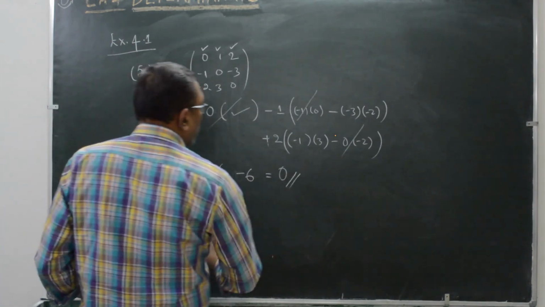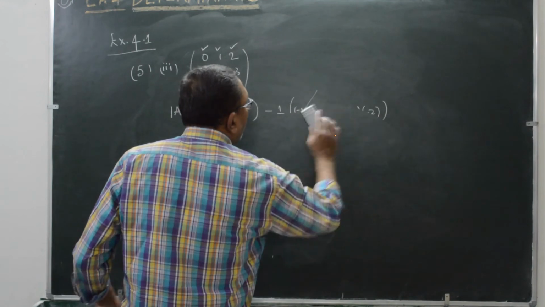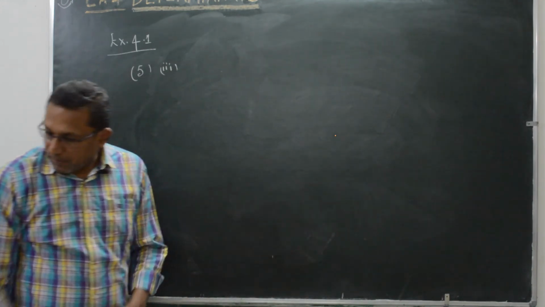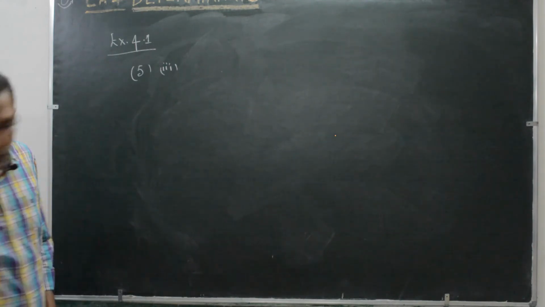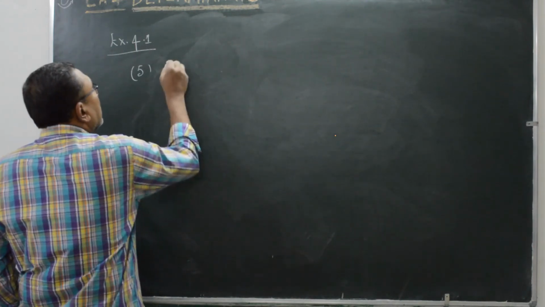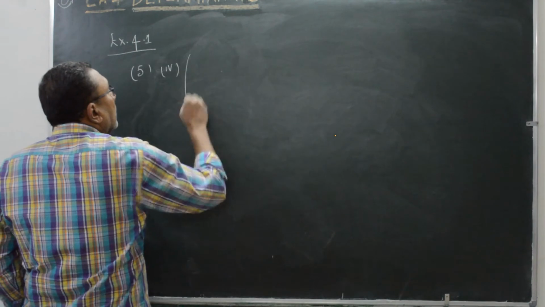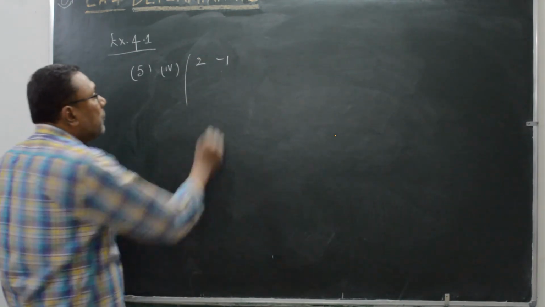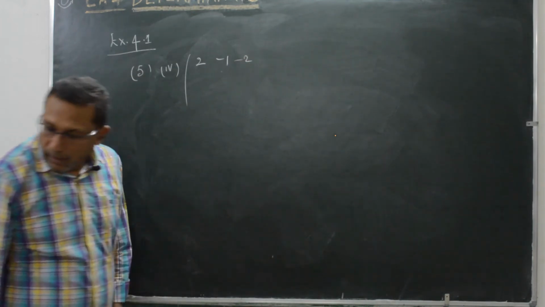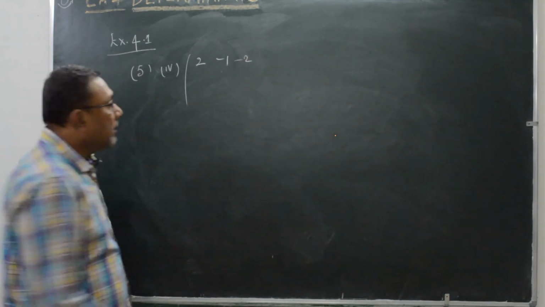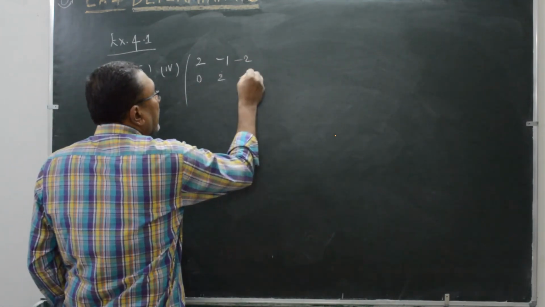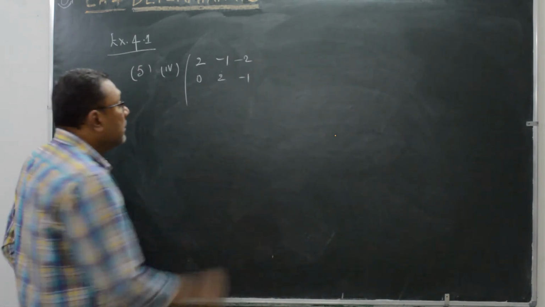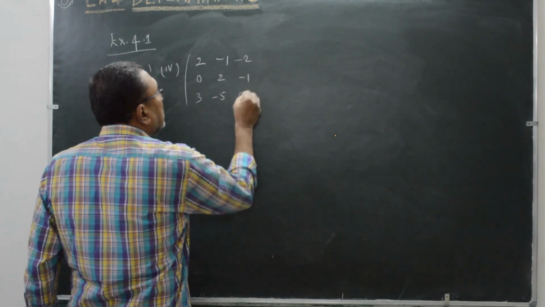Let us go to the other problem, which is the fourth one: 2, minus 1, minus 2, and 0, 2, minus 1, and 3, 5, 0, 3, minus 5, 0.